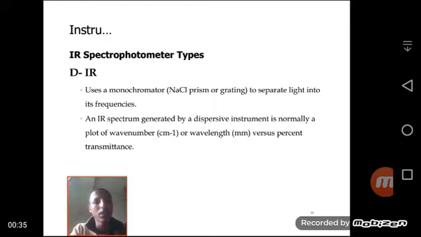An infrared spectrum generated by a dispersive instrument is normally a plot of wave number per centimeter or wavelength in millimeters versus percent transmittance. This is usually, but it can also be absorbance versus wavelength or wave number.